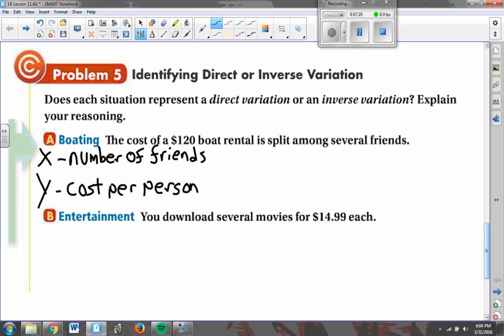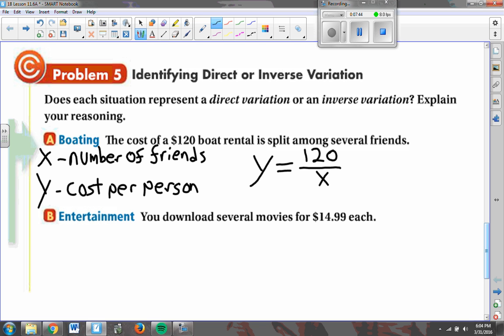Now, if I wanted to find the cost per person, that y value, I believe I should take 120 and divide it by my x variable. Right? 120 total divided by the number of friends, y equals 120 divided by x.